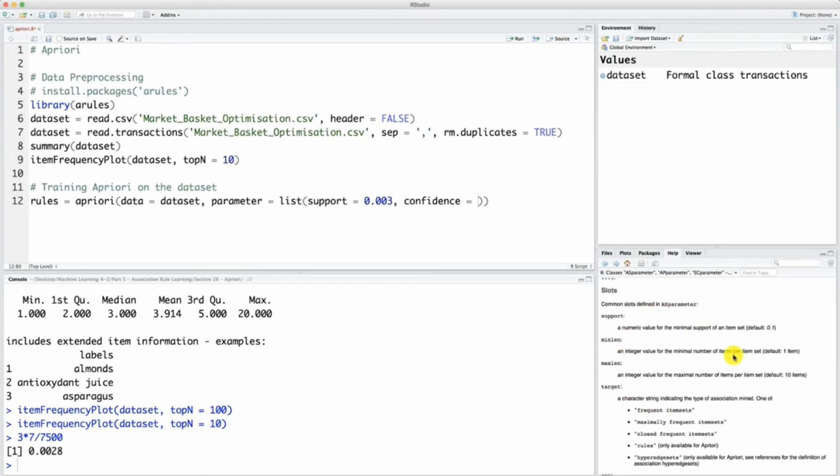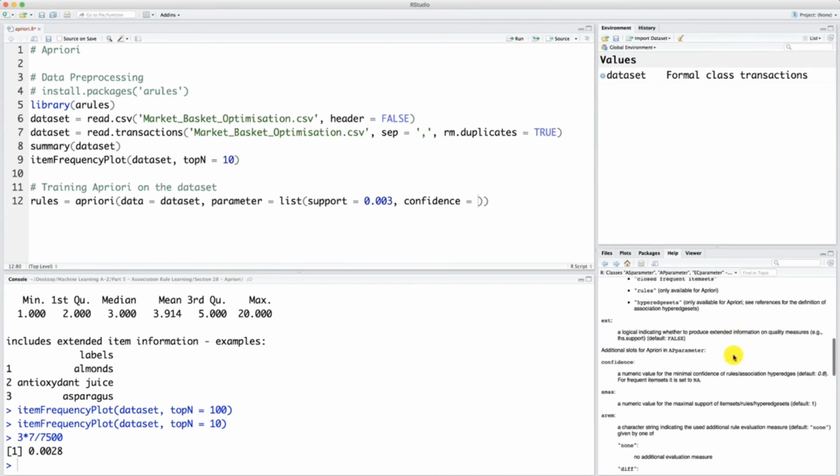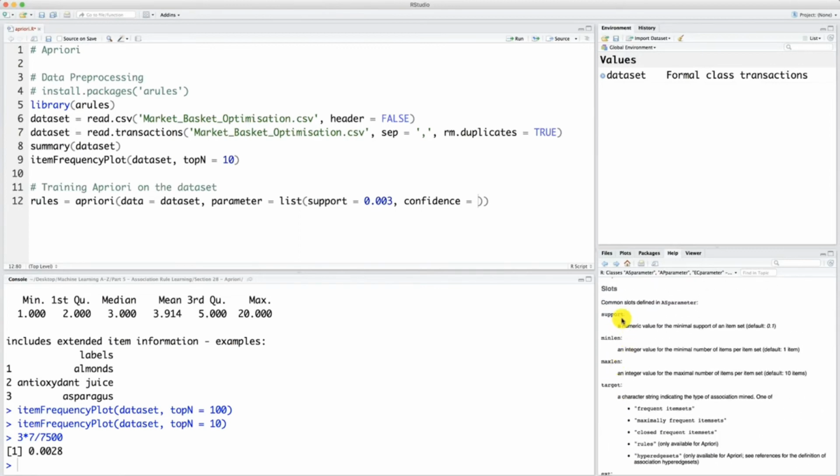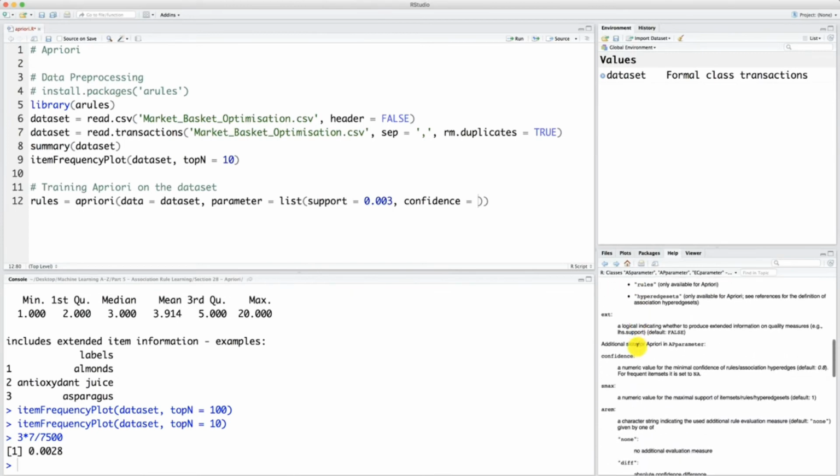So these are actually the arguments that are both in apriori and eclat, and below you have some additional arguments that are only for apriori, because you'll see that the eclat algorithm doesn't have a confidence in its algorithm and only considers the support. We will see that afterwards, but right now what we're interested in is actually the confidence, and you can see that the default value is 0.8, so that's what we will start with.